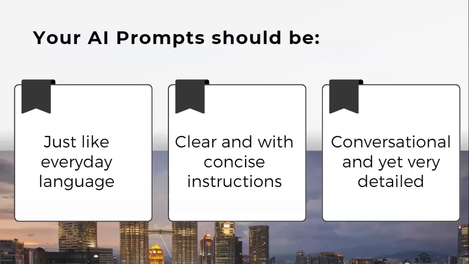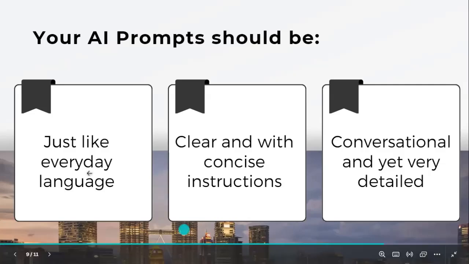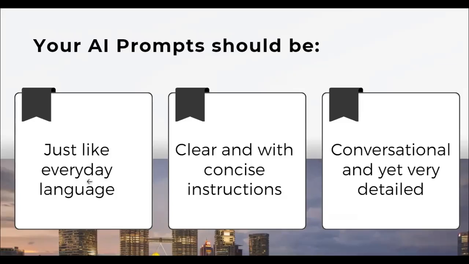Don't assume that AI knows what you're thinking. So make it clear and make the information concise. And then it should be conversational and yet very detailed. When we say conversational, it should be like you're interacting with someone, not just dropping instructions for them.